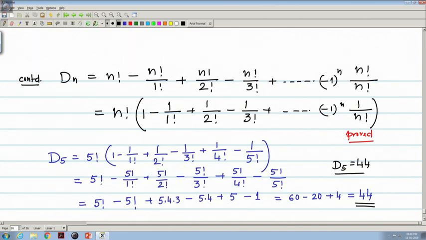Now, we can compute since we got the expression, but fortunately there is another very nice expression we can get, and that is a recursive equation for Dn.